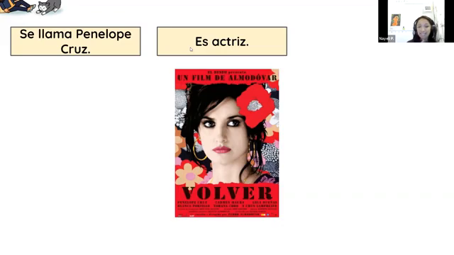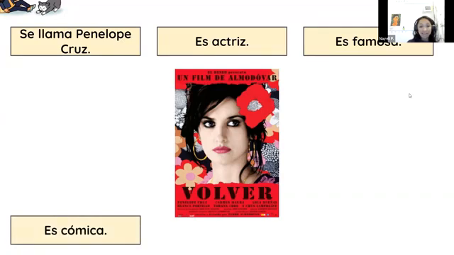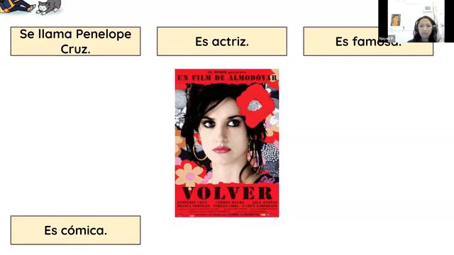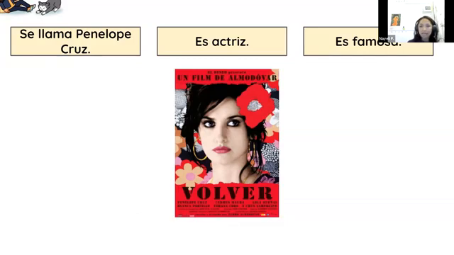Es famosa. Es cómica. Es extrovertida. Penélope Cruz es cómica. Penélope Cruz es famosa. Penélope Cruz es actriz.